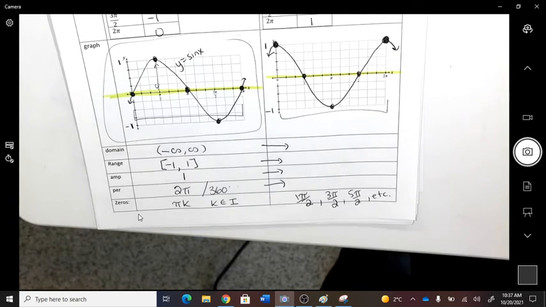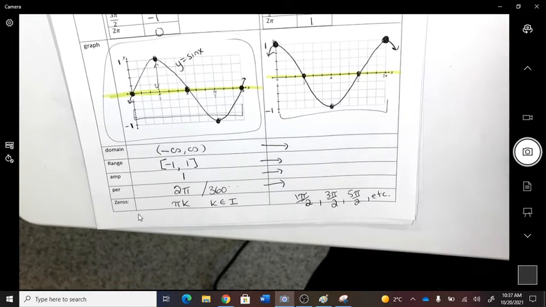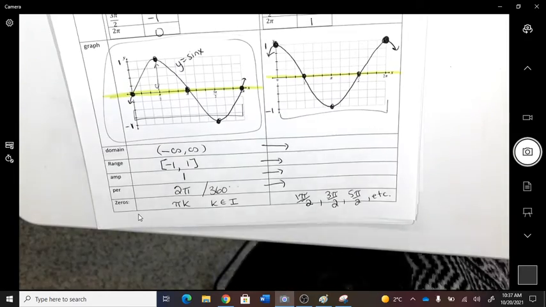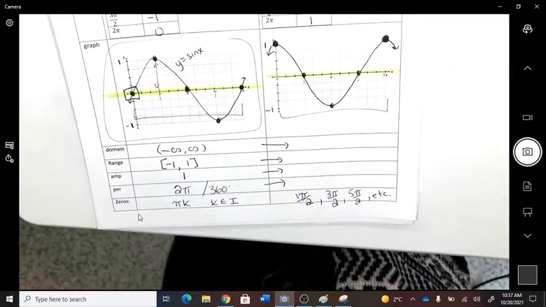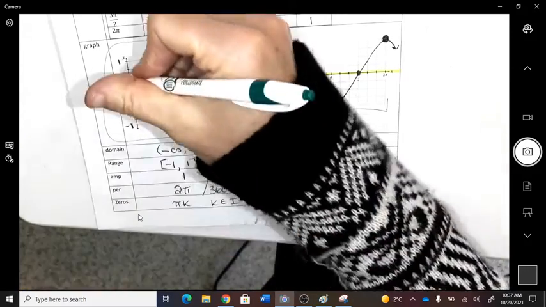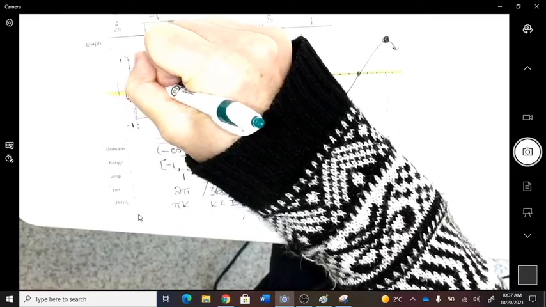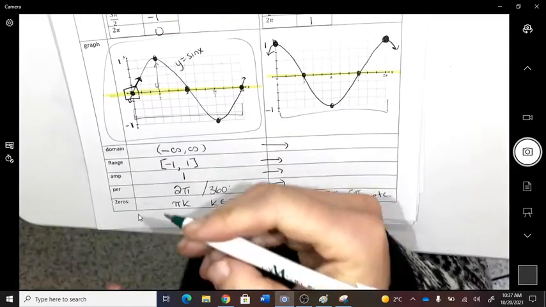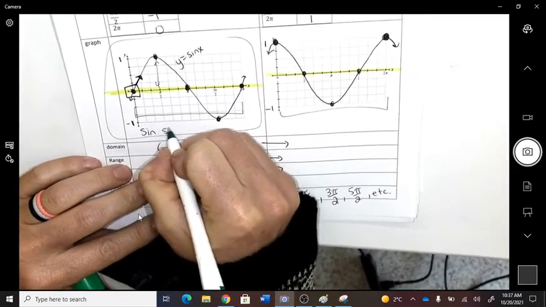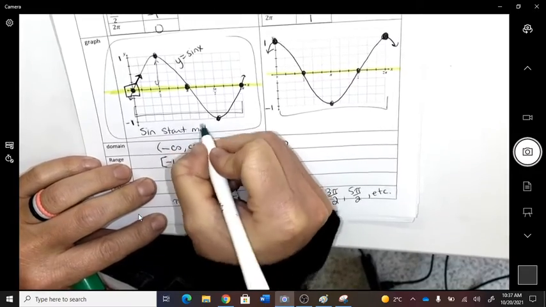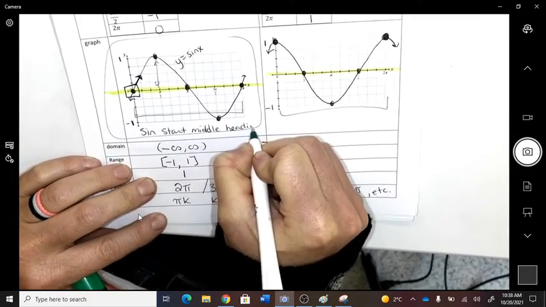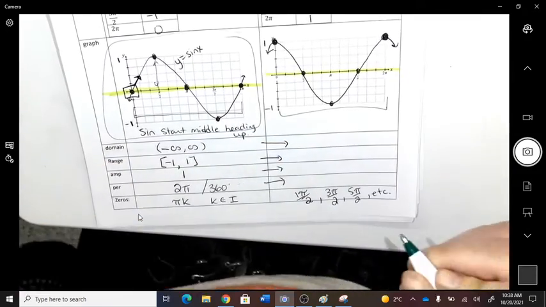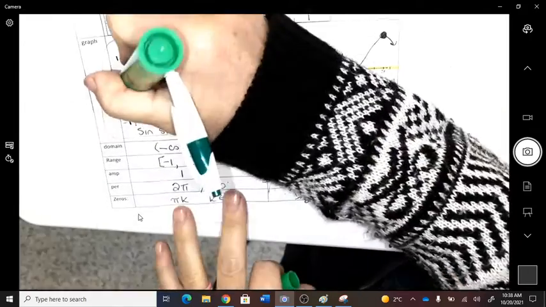So these curves are almost the same, except for this. A sine curve starts on the middle heading upward. That's important to know.